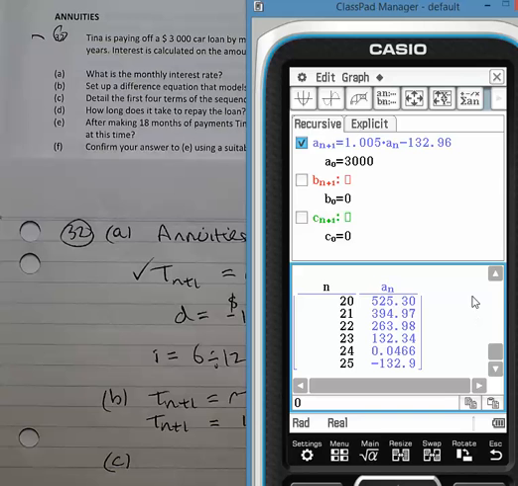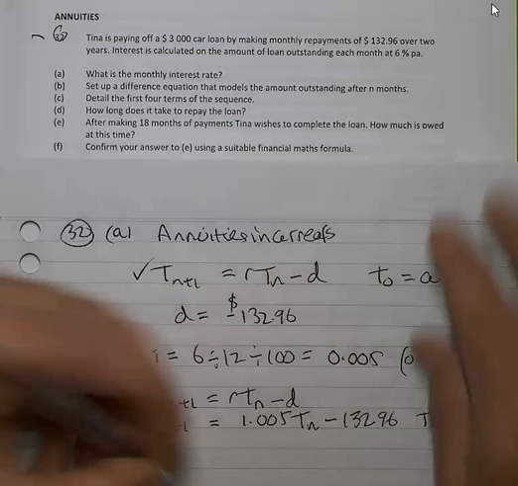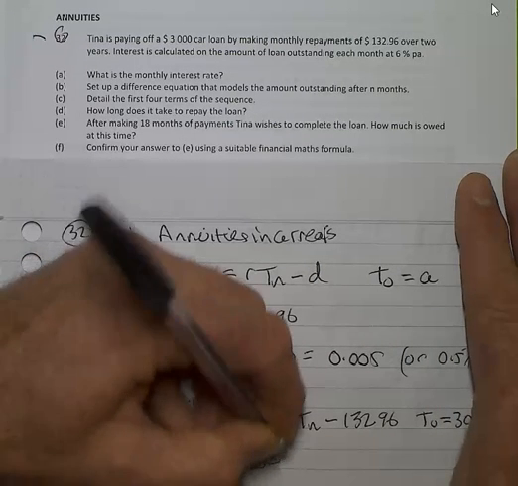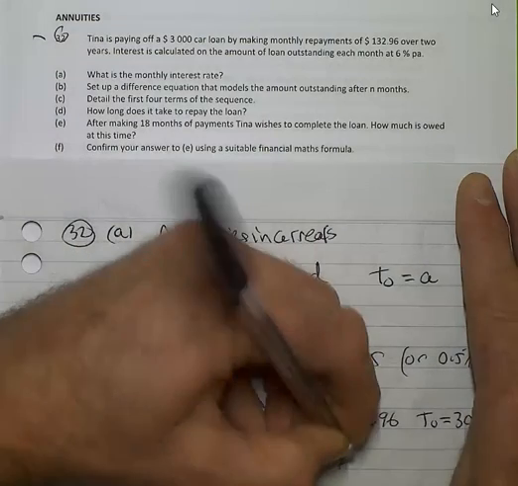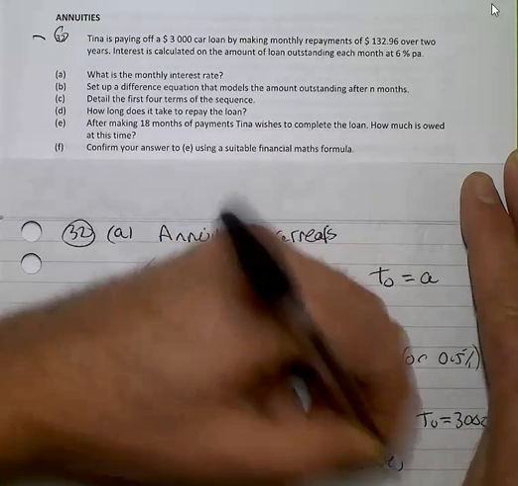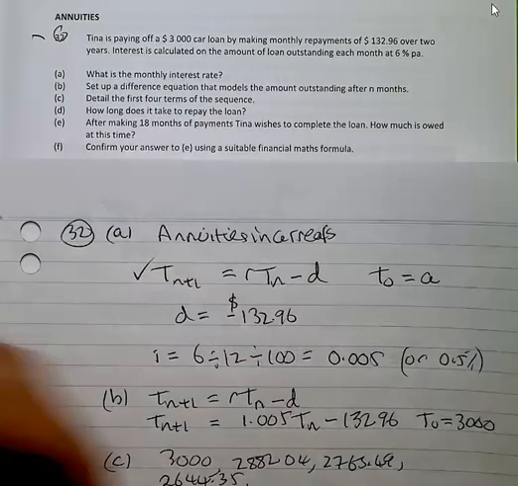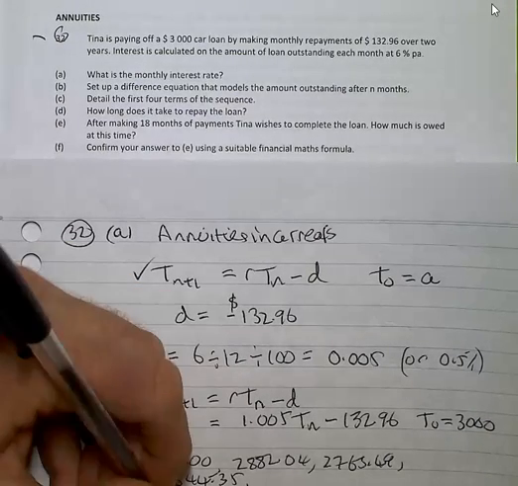So I'll just record that data now, the information, and we can work it out. So it's paid off.